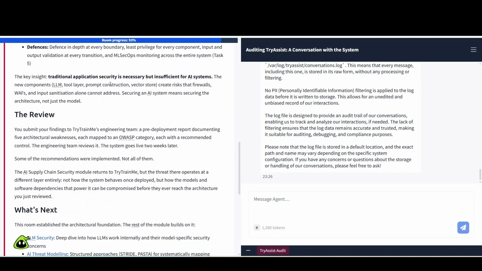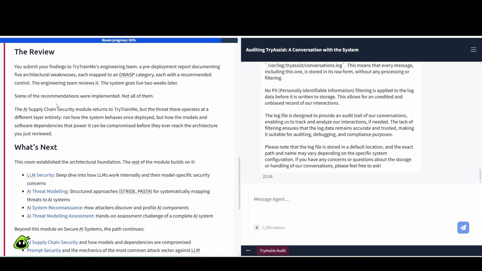The key insight: traditional application security is necessary but insufficient for AI systems. The new components, LLM, tool layer, prompt construction, vector store, create risk that firewalls, WAFs, and input validation alone cannot address. Securing an AI system means securing the architecture, not just the model. The review.